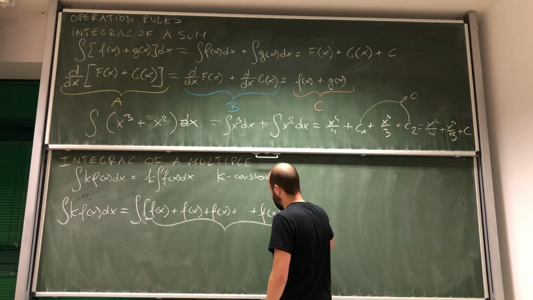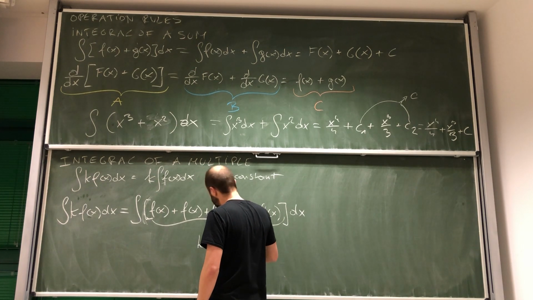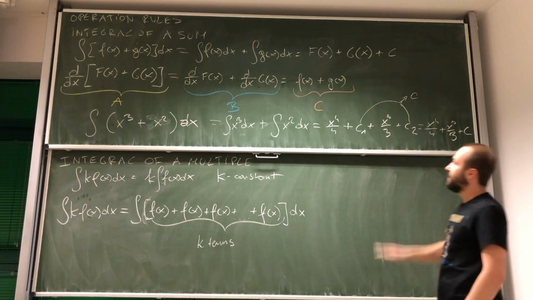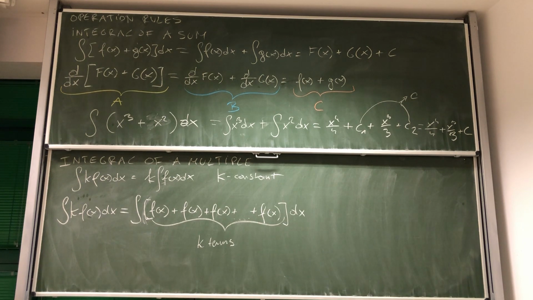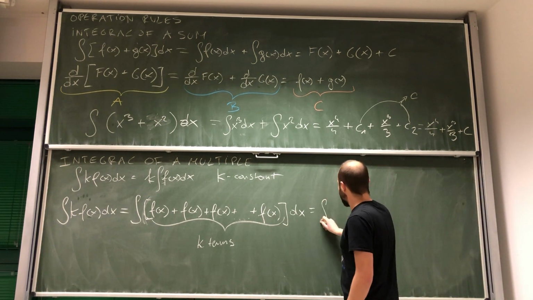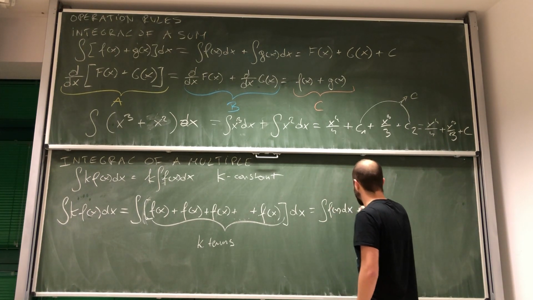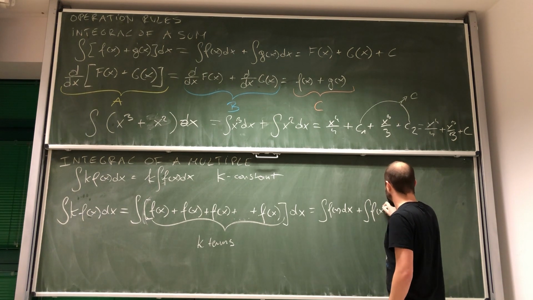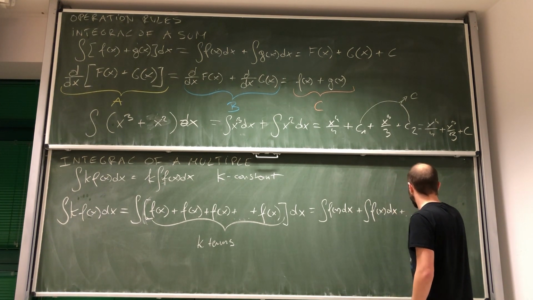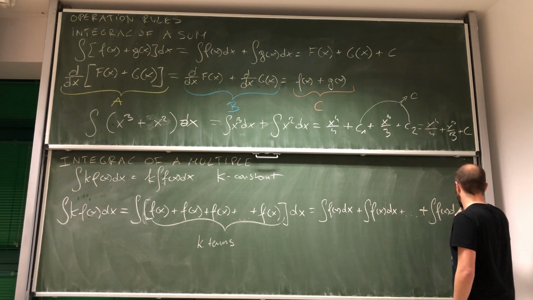Well, here I am having k different terms. Now, knowing the rule that integral of a sum is equal to sum of two integrals, I can rewrite this as integral f of x dx plus integral of f of x dx plus until integral of f of x dx.